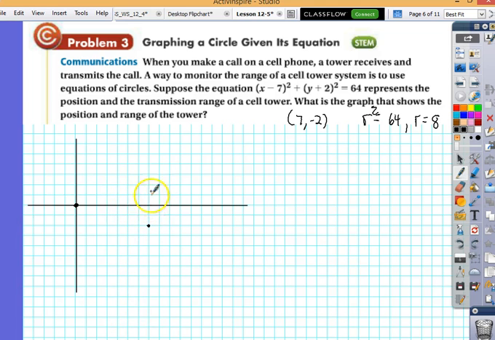So all I have to do is go 8 points, which is the radius, in each direction from here, and then I should be able to sketch the circle. And this is just kind of a rough sketch, but here's what your circle would look like. So if I ask you to graph a circle, that's how you do it. All right, see you tomorrow.